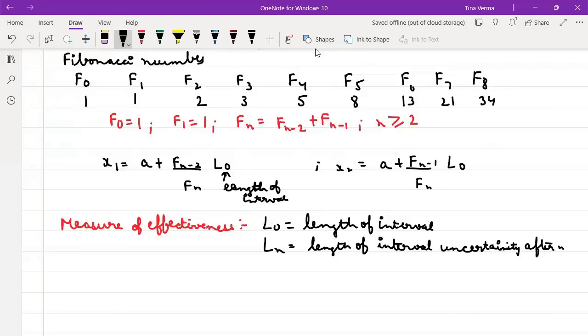That will be given to you, how much you have to proceed with. So on that basis, the measure of effectiveness formula will become alpha is equal to Ln divided by L naught. Clear? Now we are doing an example for the Fibonacci numbers, that will make it clear to you.